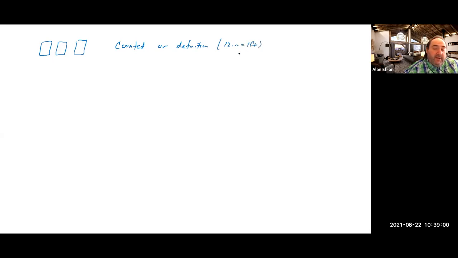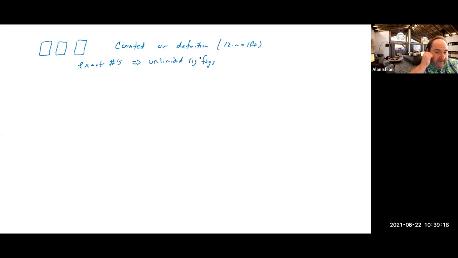That's a definition, an equality. These are referred to as exact numbers, and exact numbers have pretty much unlimited sig figs. You can count them as many significant figures as you like.